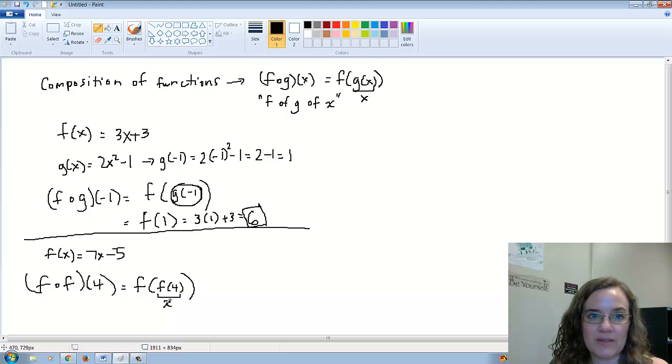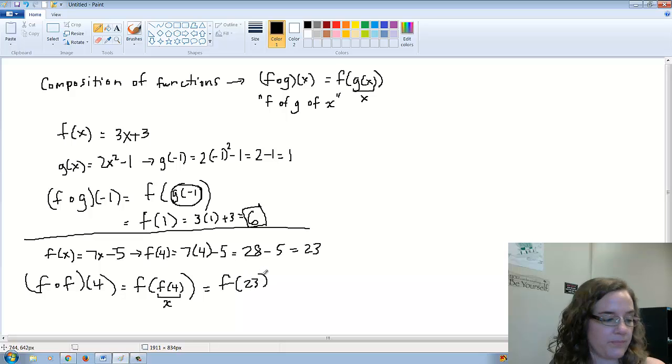Remember, this is going in for x. So let's find what f of 4 is. F of 4, just taking it right from here, is 7 times 4 minus 5. So 28 minus 5 is 23. And so now I'm looking for f of 23.